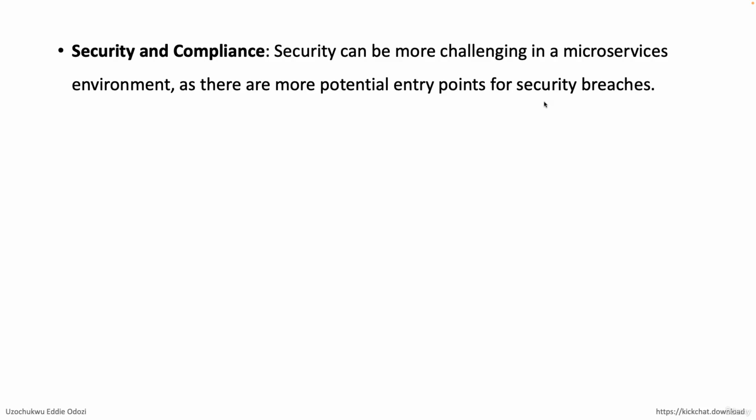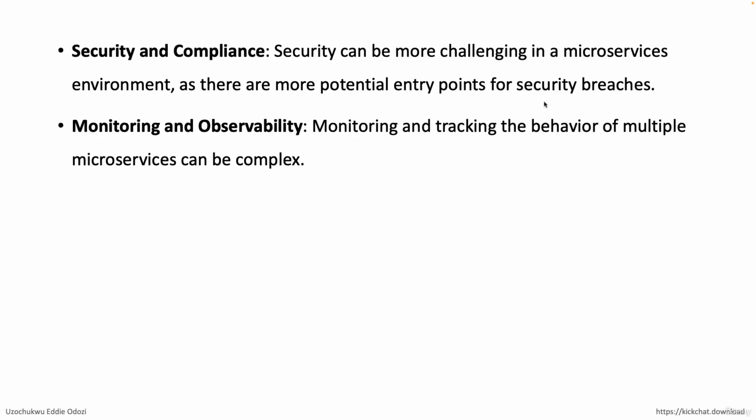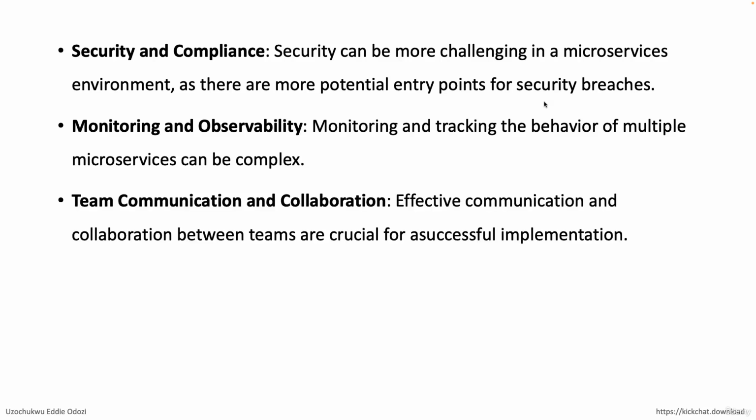Communication into the services will all pass through the API gateway so as to improve security. And then monitoring and observability as well. Monitoring multiple services can be complex. There also could be issues with team communication and collaboration.